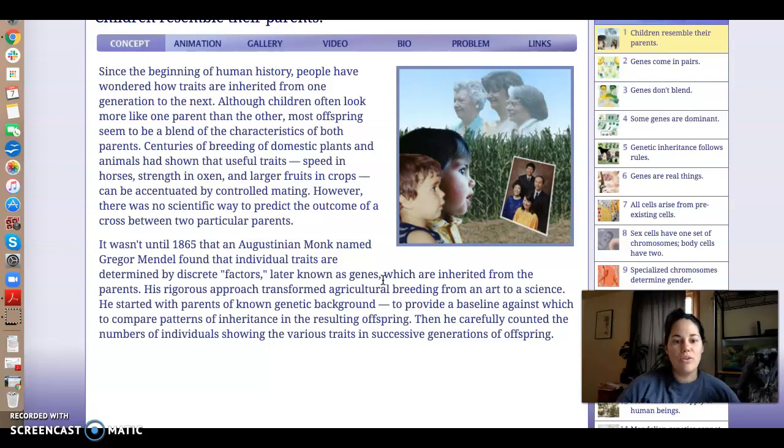And we also have this idea of generations. So the parents would be one generation, the children would be the next generation, the grandchildren would be the third generation. And the idea of offspring. Offspring is just another word for children.